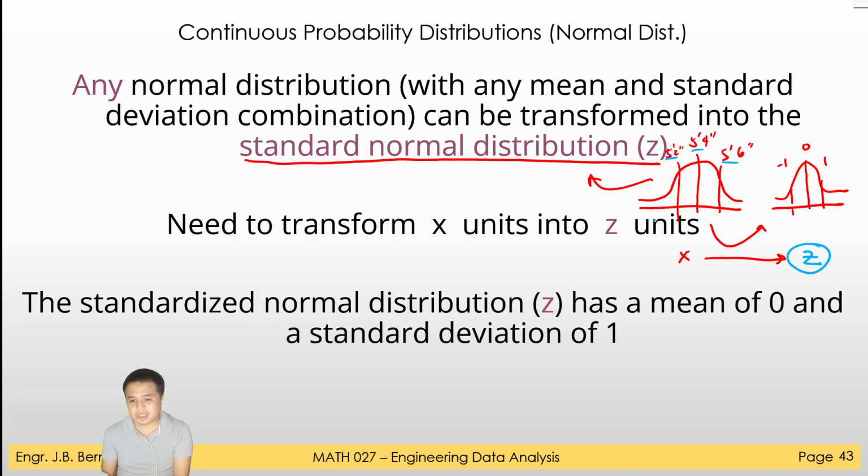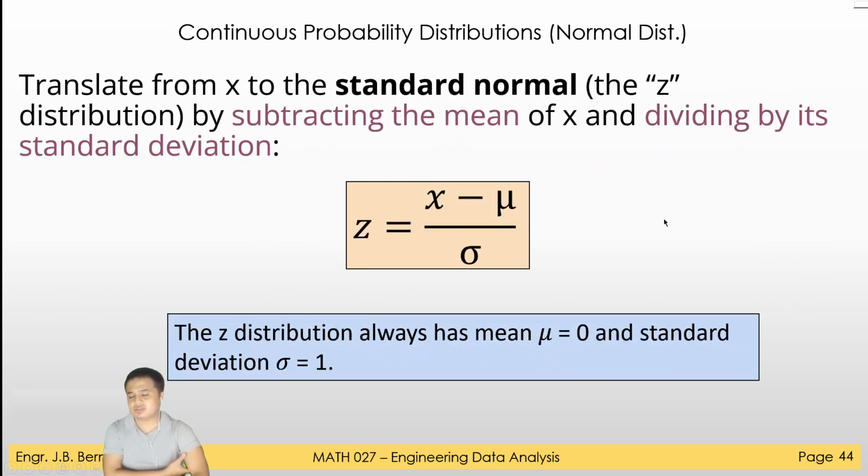So why do we change it? Because our tables are based on the standard normal distribution in terms of the z-score. Okay? We will have a better idea once we get into an example. So we translate x to the standard normal distribution by subtracting the mean and dividing by the standard deviation.